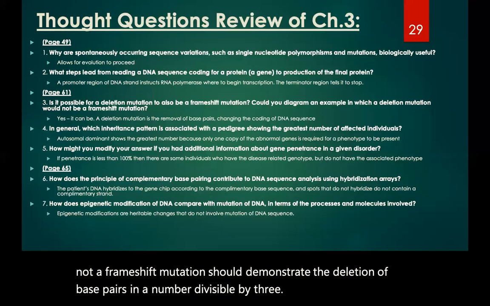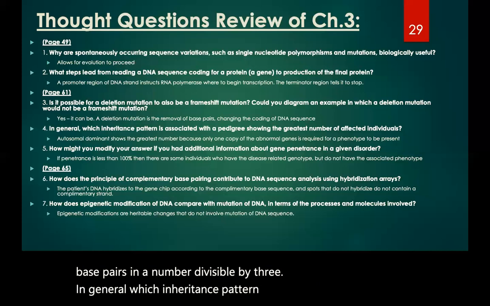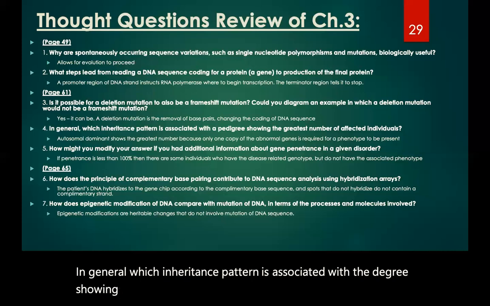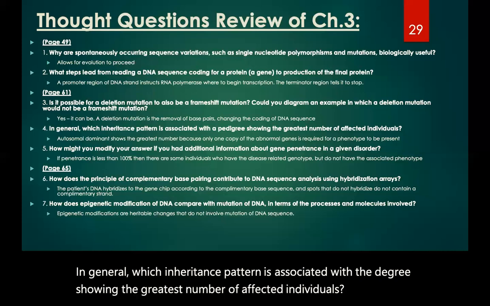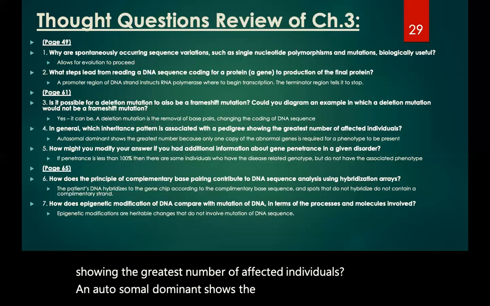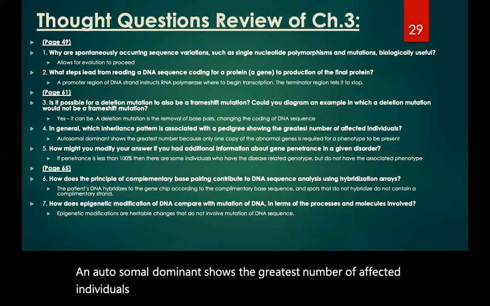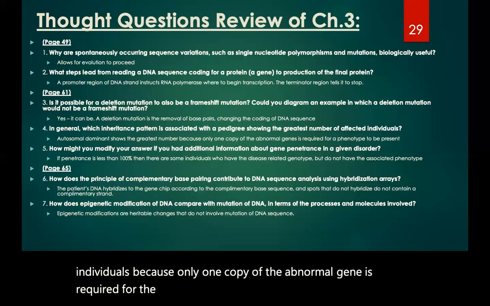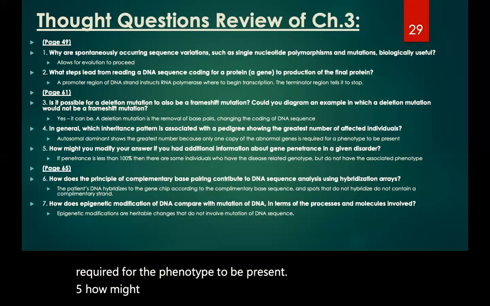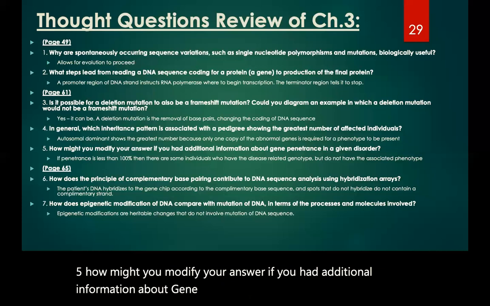Number 4, in general, which inheritance pattern is associated with the pedigree showing the greatest number of affected individuals? An autosomal dominant shows the greatest number of affected individuals because only one copy of the abnormal gene is required for the phenotype to be present. Number 5, how might you modify your answer if you had additional information about gene penetrance in a given disorder?